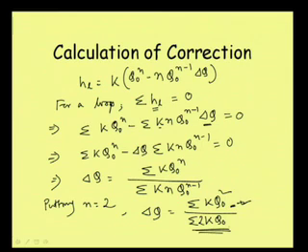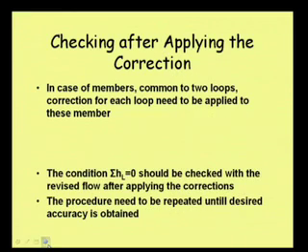So taking the absolute value of this part, and considering the positive and negative sign for clockwise and anti-clockwise in the numerator, but the absolute value in the denominator for twice k q0, this value will become bigger, finally this ratio will become smaller, and that way we will be getting the correction delta q.